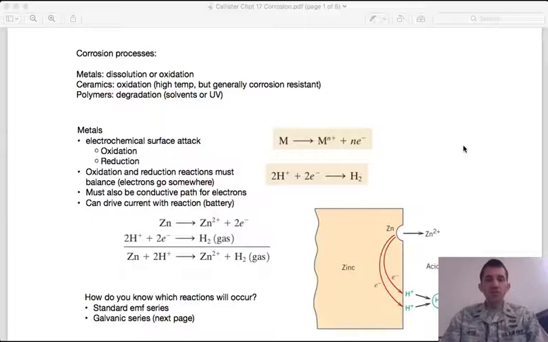As you'll see, the bulk of this material is about metals. When we think about corrosion, we are primarily thinking about metals, but as we'll see, polymers also have degradation mechanisms different, as you would expect, than metal corrosion, but still important.